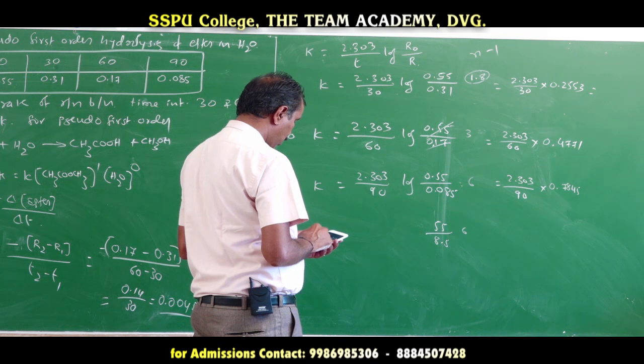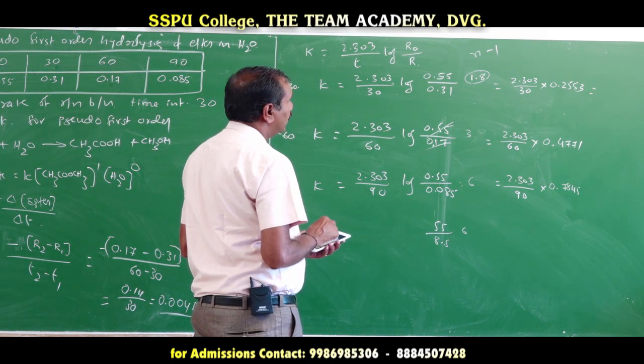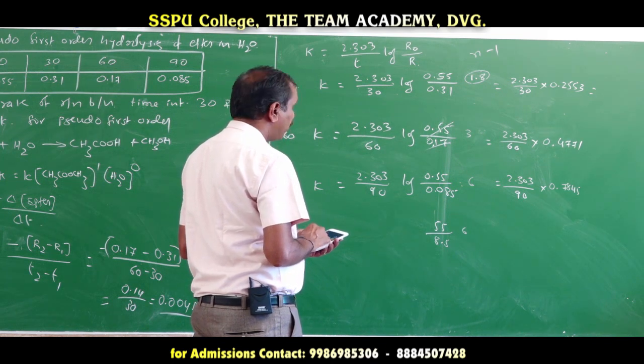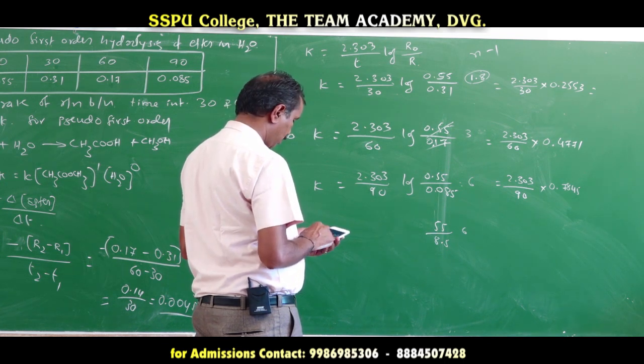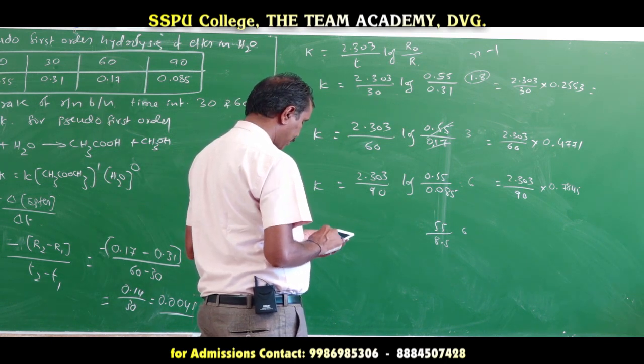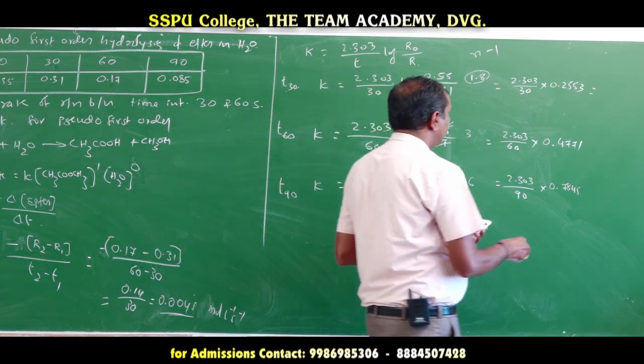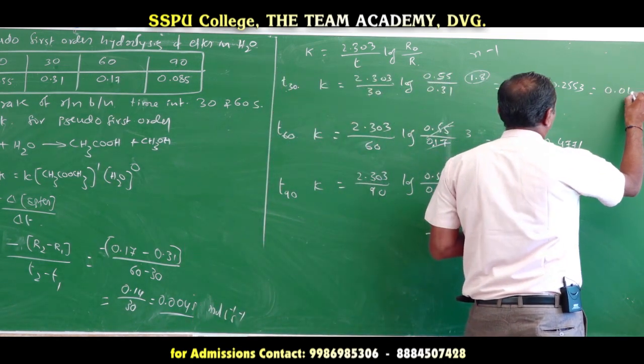2.303 into 0.2553 divided by 30. 0.0451.